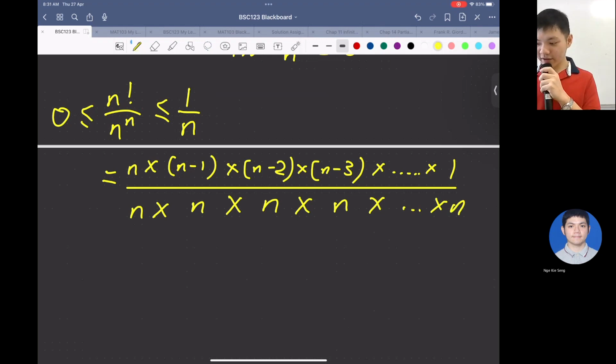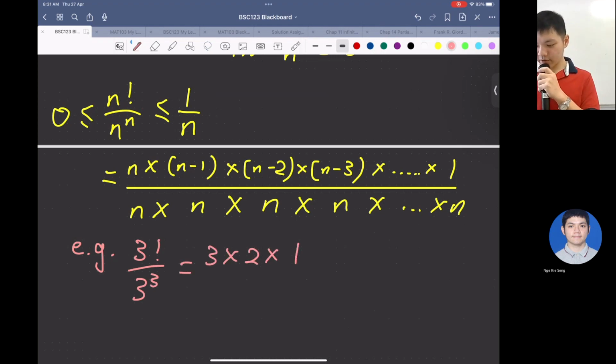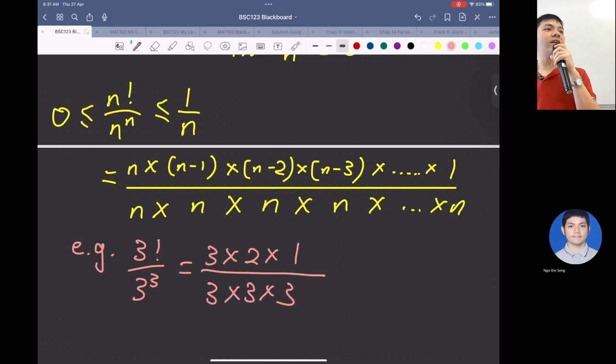For example, take n equals 3. 3 factorial over 3 to the power 3. You have 3 times 2 times 1 on top, and 3 times 3 times 3 on the bottom. So what can you see?